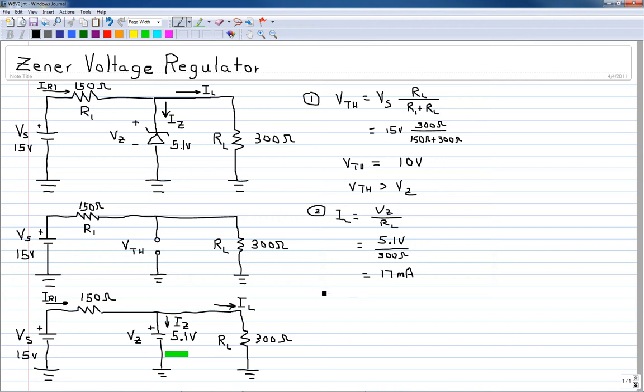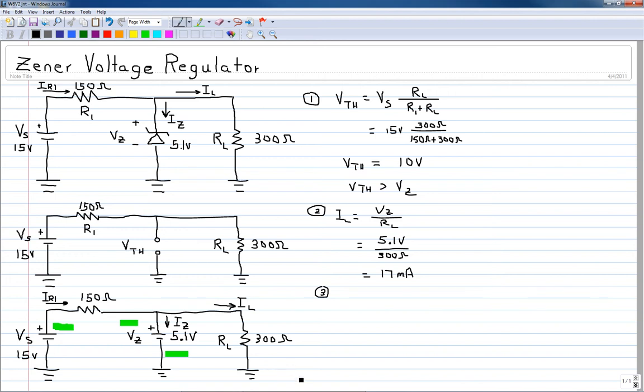Now the next step is to determine the current through R1. The voltage across R1 is the difference between the voltage on this side, which would be 15 volts, and the voltage on this side, which would be the Zener voltage of 5.1 volts.